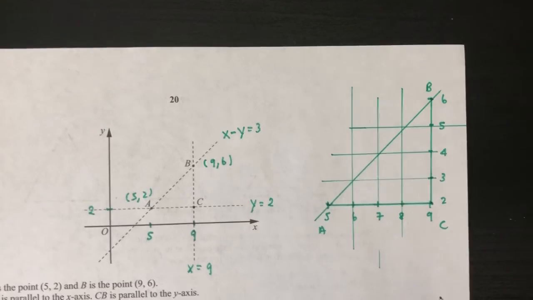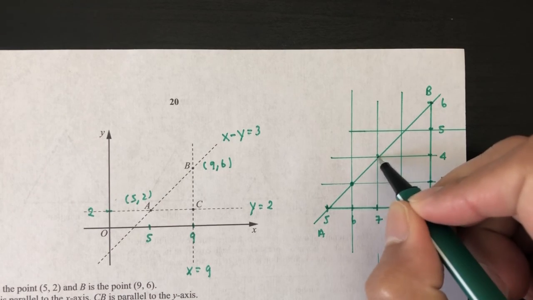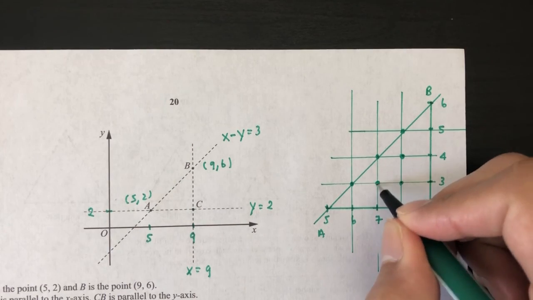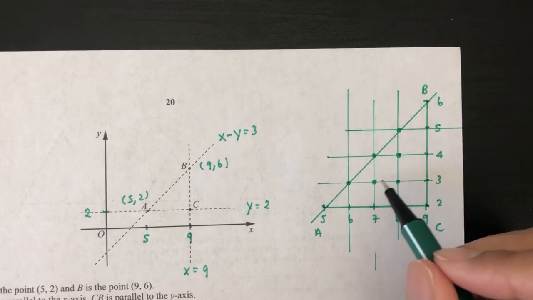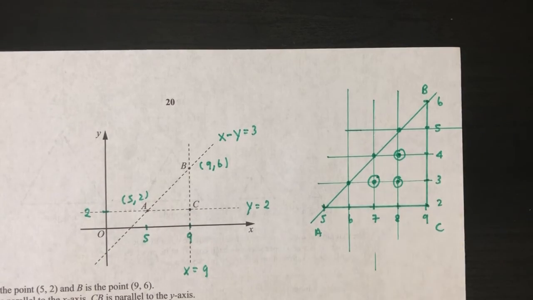Okay, so as you can observe, these points intersect here, here, here, here, here, and here. So how many points do we have inside of the triangle ABC? So we only have this point, and this point, which are inside the triangle ABC.